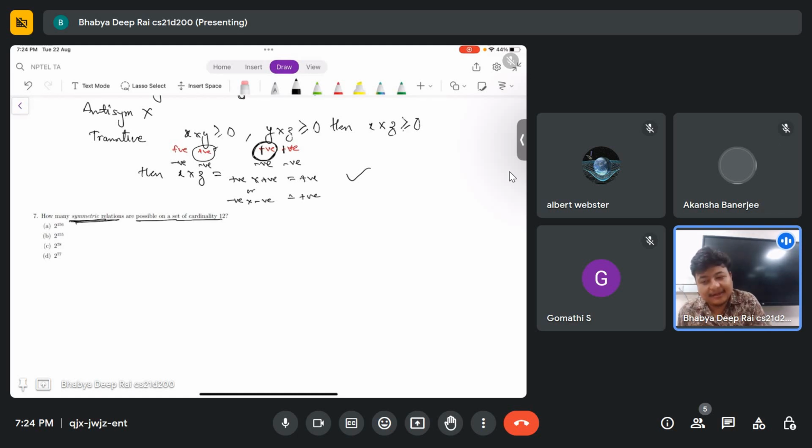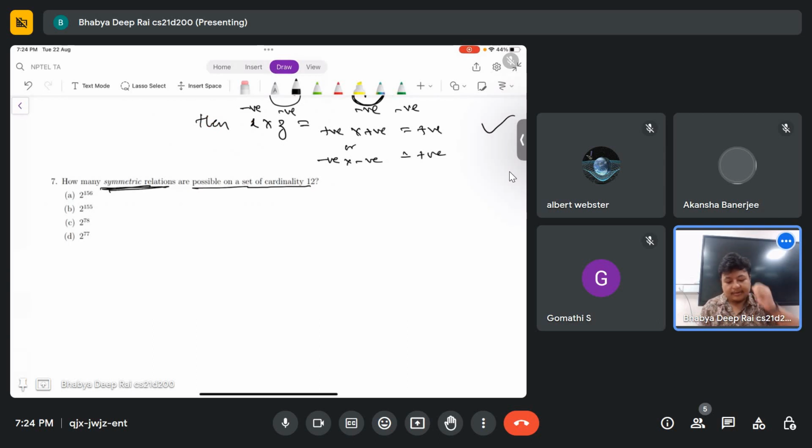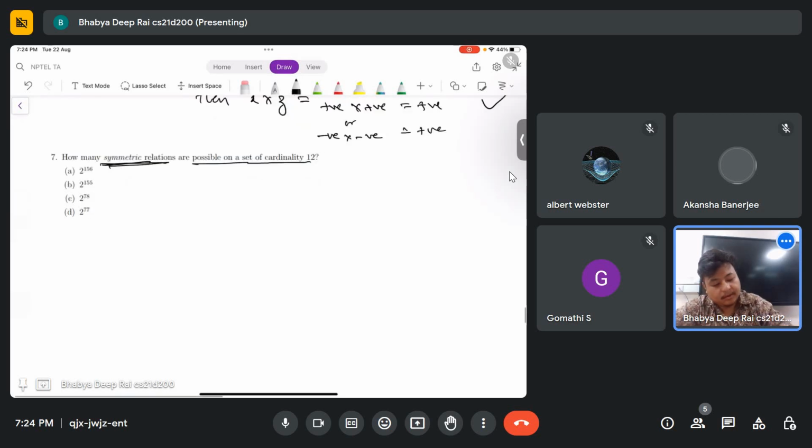The options are 2 power 156, 2 power 155, 2 power 78, 2 power 77. We have to find the number of symmetric relations.